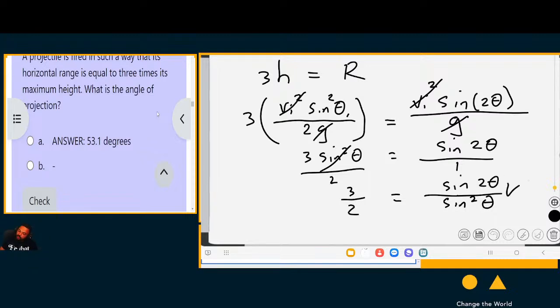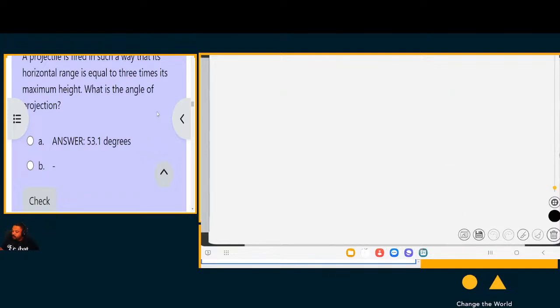Okay, so this is where we are right now. We've managed to get up to this point using simply what we've been given and the formulas for range and height. Okay, now if I were to just clear that, let's continue.